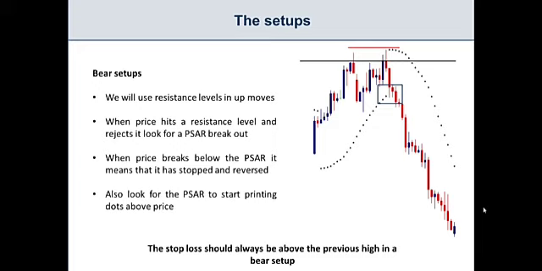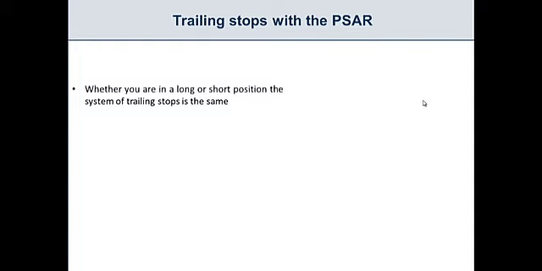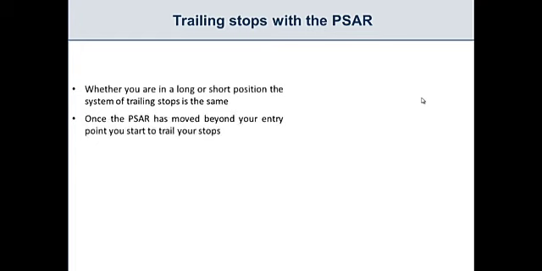Now, these are just the entries, but we are also going to be using the Parabolic SAR to manage our trade. We are going to be trailing our stops with the Parabolic SAR. And whether you are in a long or a short position, the system of trailing stops is the same. Once the Parabolic SAR has moved beyond your entry point, you start to trail your stops.